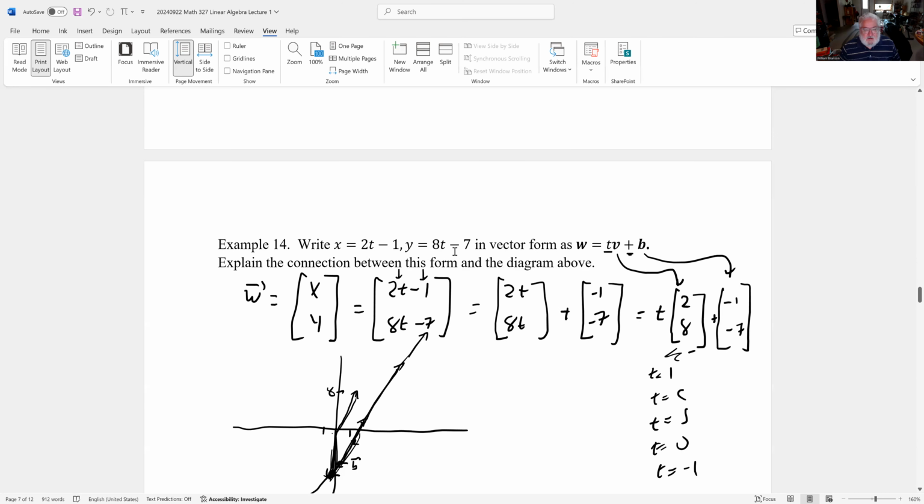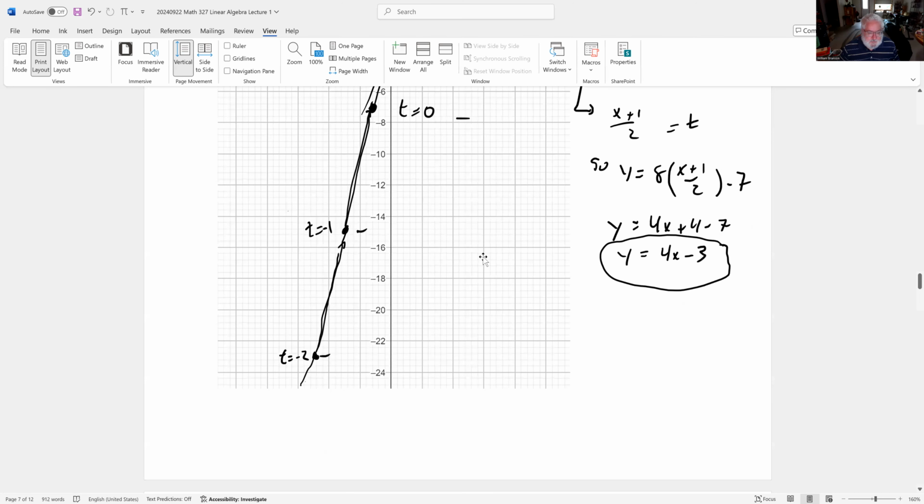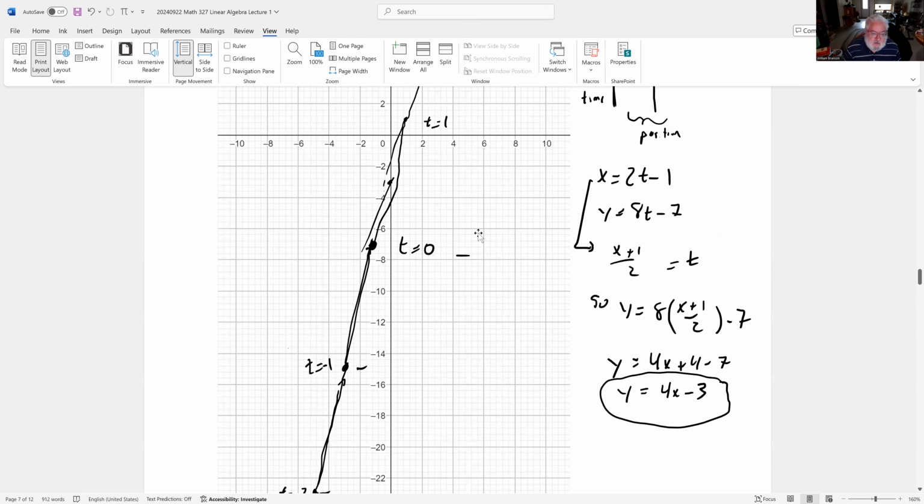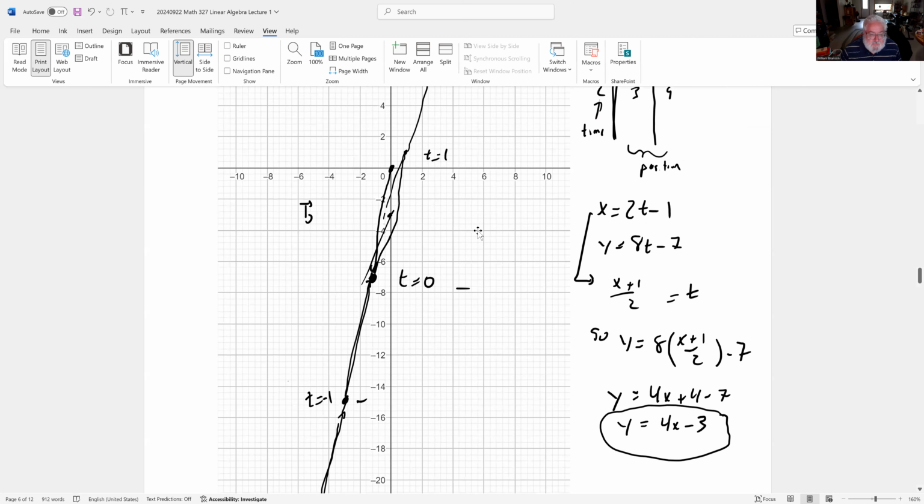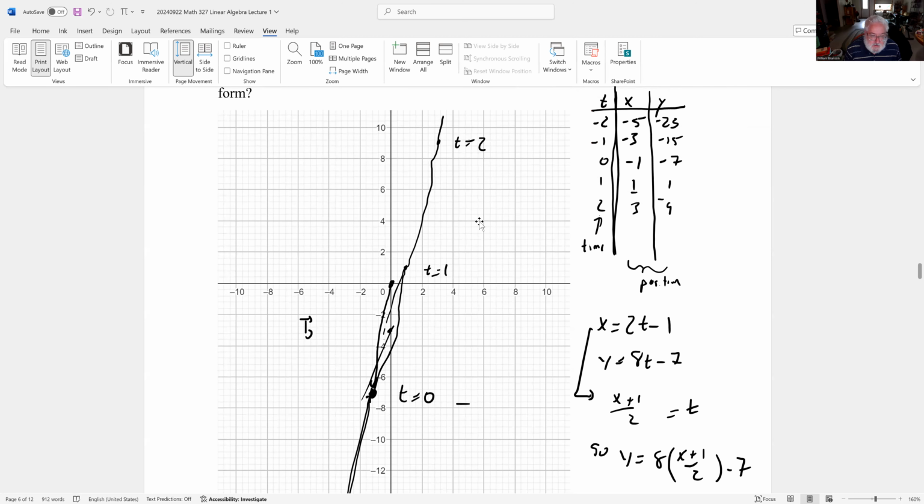So when we come back and look at this, the vector from here to here, that's my vector B. And the direction vector is this vector. This line here is parallel to this vector, but it's been offset away from the origin by this amount.